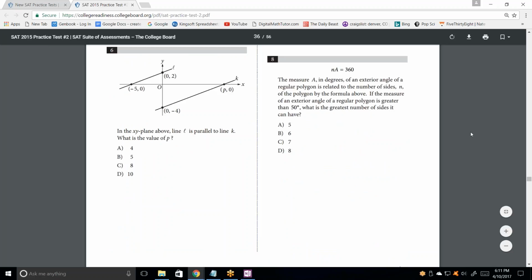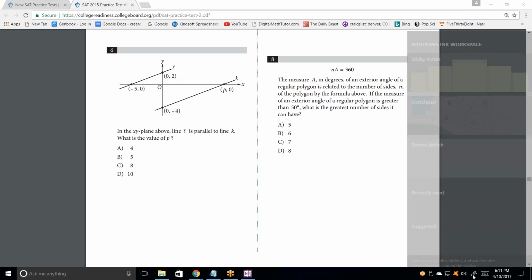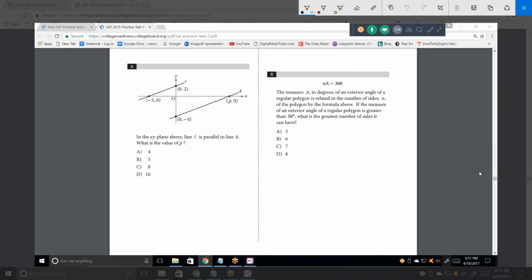All right, number 8. These are tough. I've noticed that even on practice test 3, the first 9 are all tough.